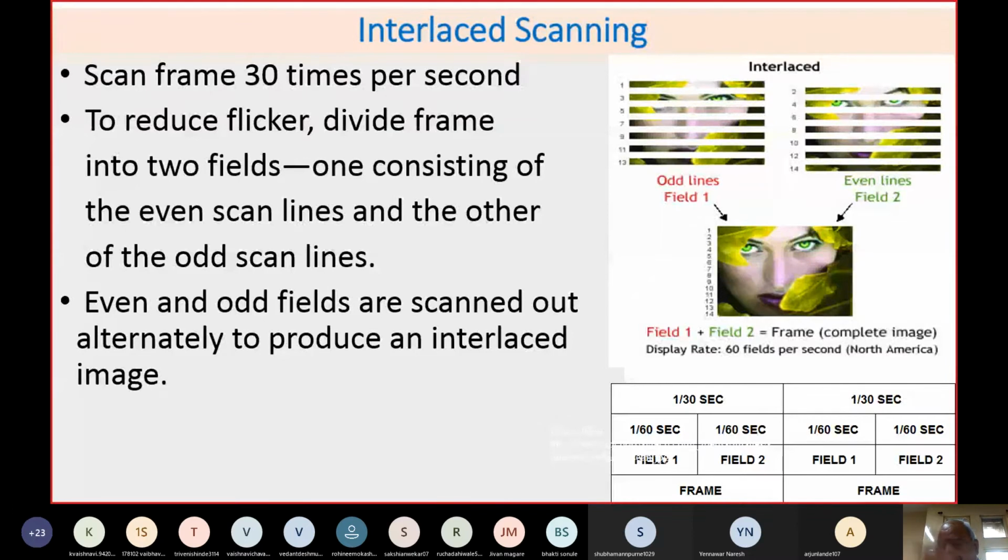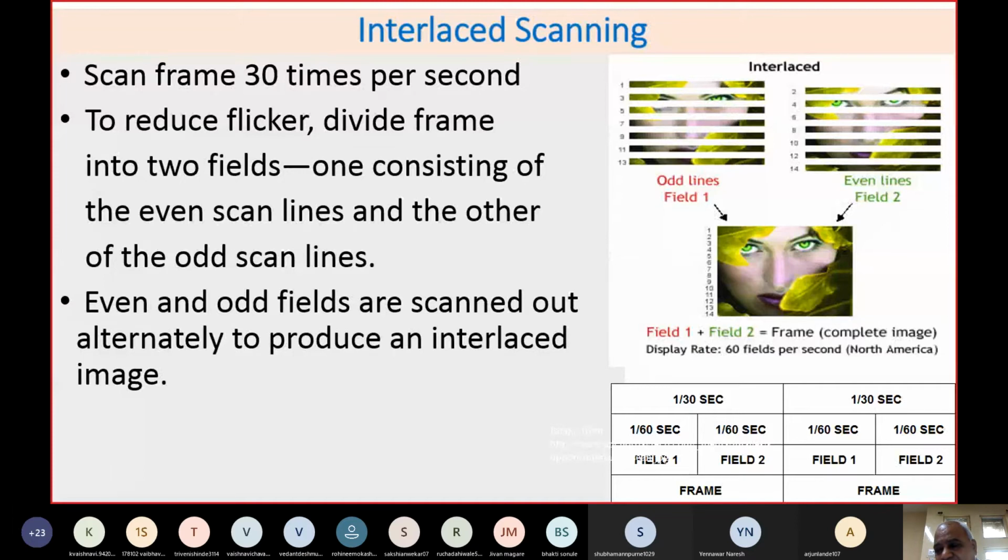Then the question comes, why do you have odd lines and even lines? As you are probably aware, your eye is relatively insensitive because of the persistence of vision. Even if some pictures are forced onto your eye continuously, you will find there is a continuity of the picture, and that particular principle is used.